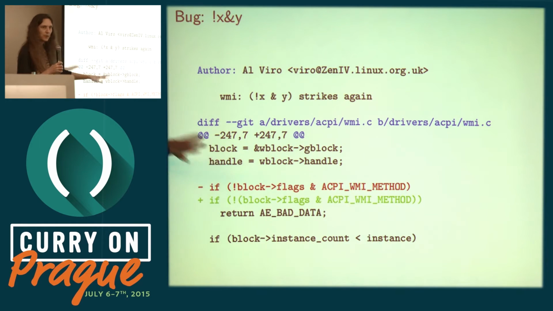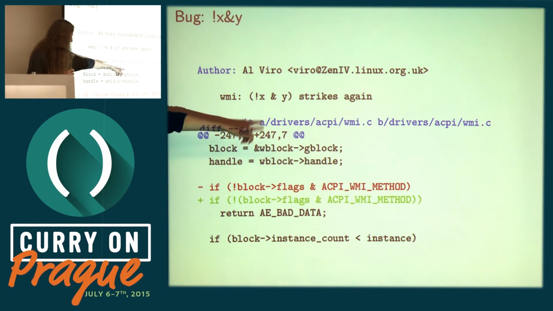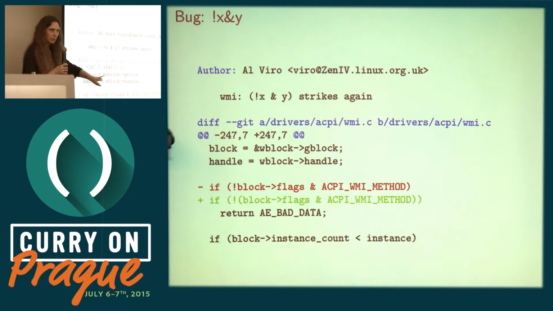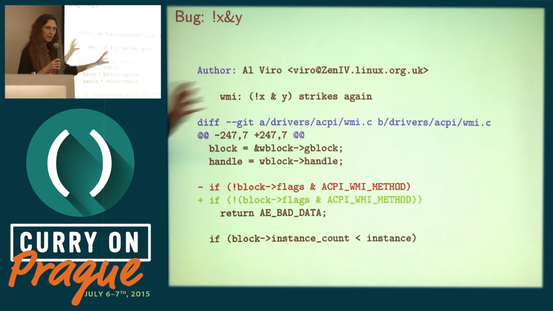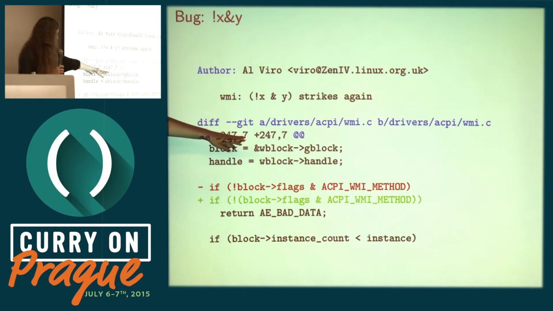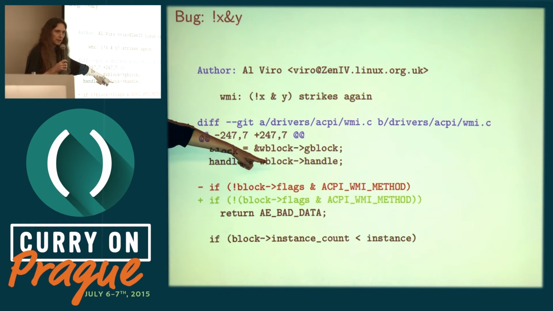In our particular case, we don't care whether it looks like ACPI-WMI method or not in terms of our matching rule, but you might have some problem with this ACPI-WMI method variable name, and you might actually want to match against that and turn it into 27. Maybe its current value is 0. You don't want to turn all zeros into 27s. You only want to turn the ones that look like that.